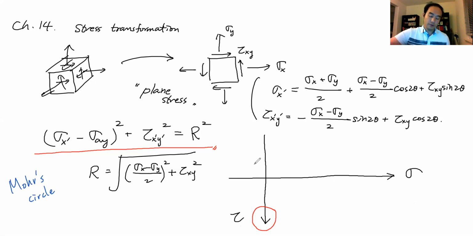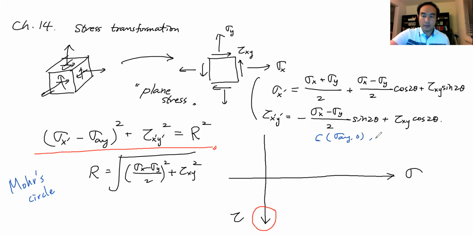So to develop this Mohr circle, we first have to identify three points, using the same notation as your textbook. One is C, the center: sigma average, comma 0.